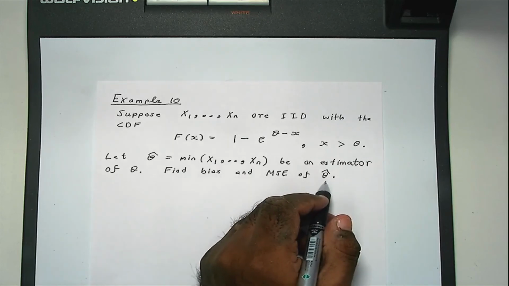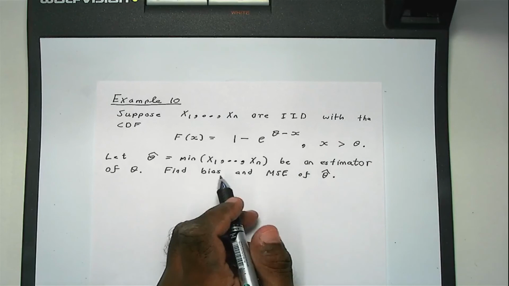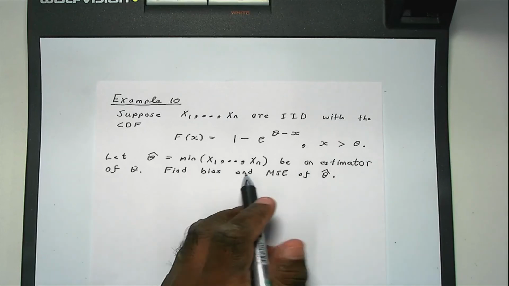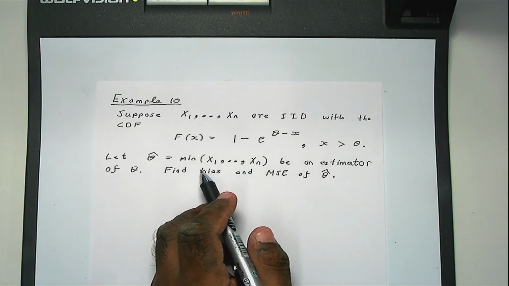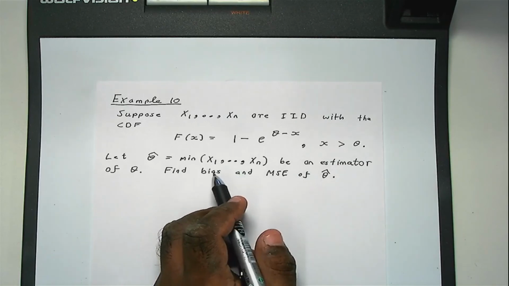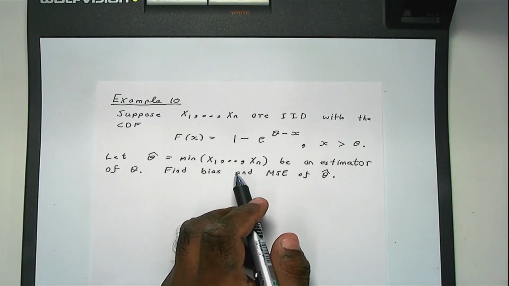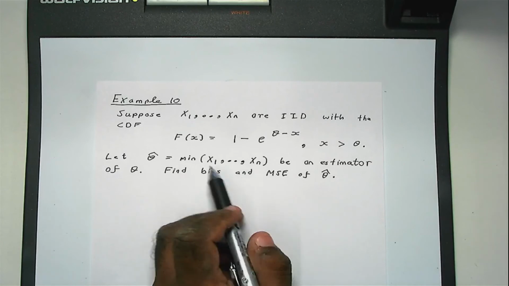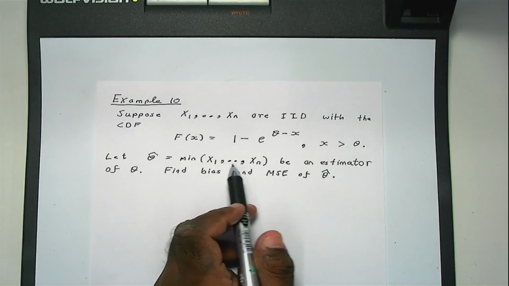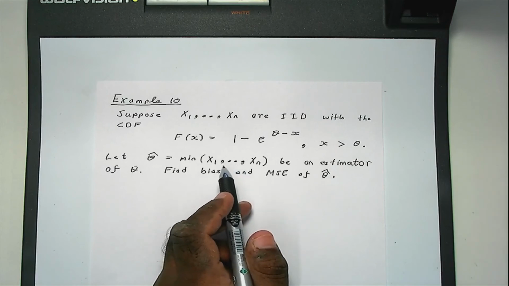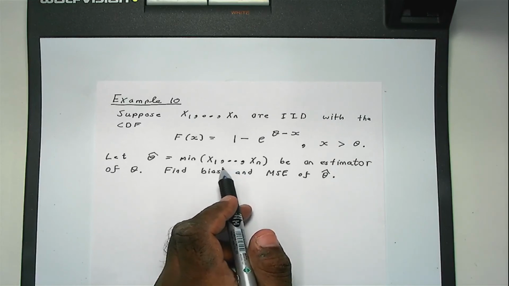Now remember, I did a similar question earlier where you had 2 data points and the estimator involved the maximum. When you have a minimum or maximum, the first thing you must do is to try to find the distribution of that minimum or the maximum, right? So that's what I'm going to do here.